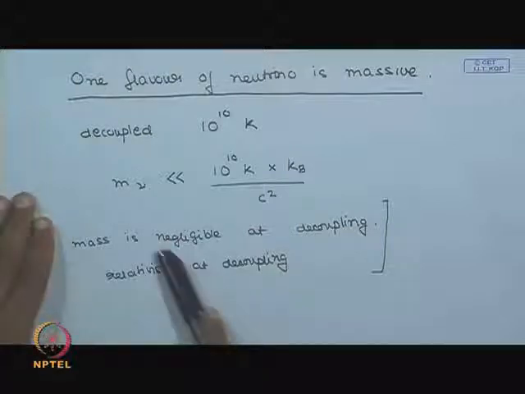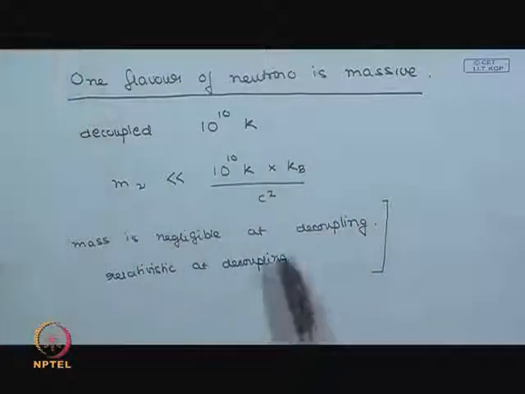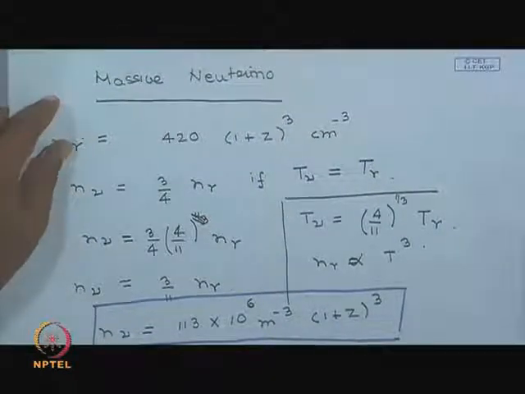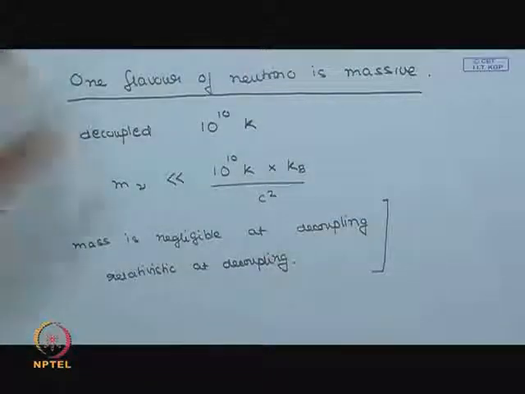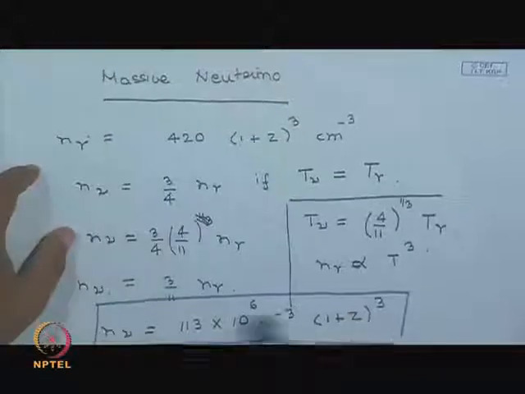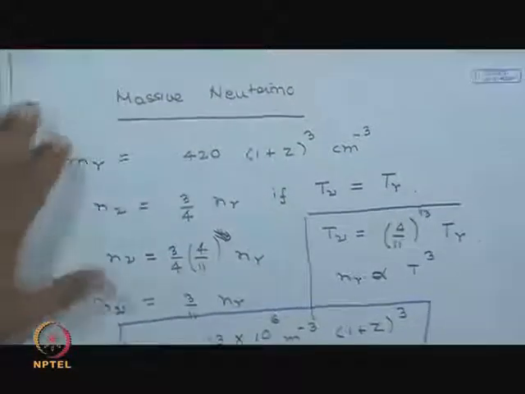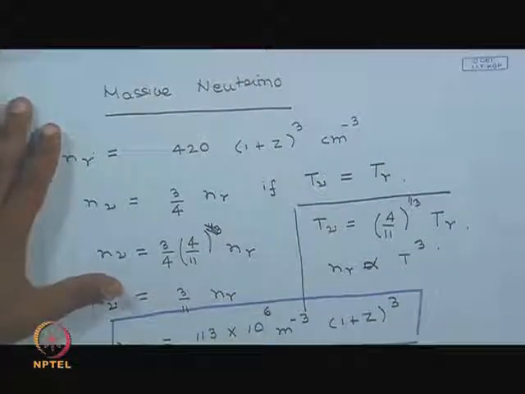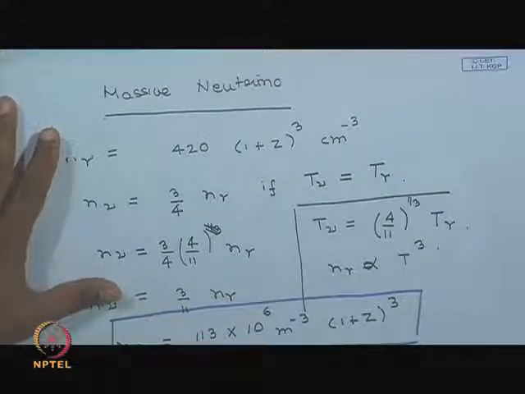So, at the time of decoupling, the number density of neutrinos would be exactly the same as this, except that the redshift would be different. And with the expansion of the universe, the phase space distribution of neutrinos would be frozen, and all that would happen is that each momentum would go down inversely with the expansion of the universe.